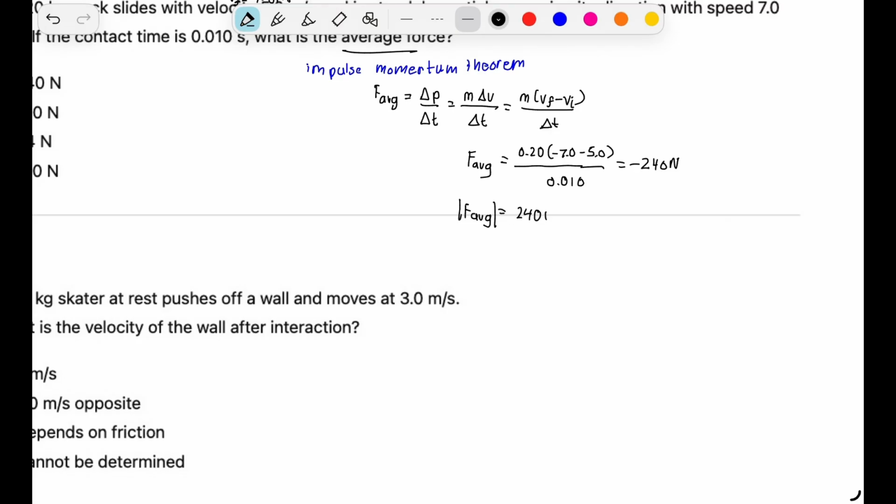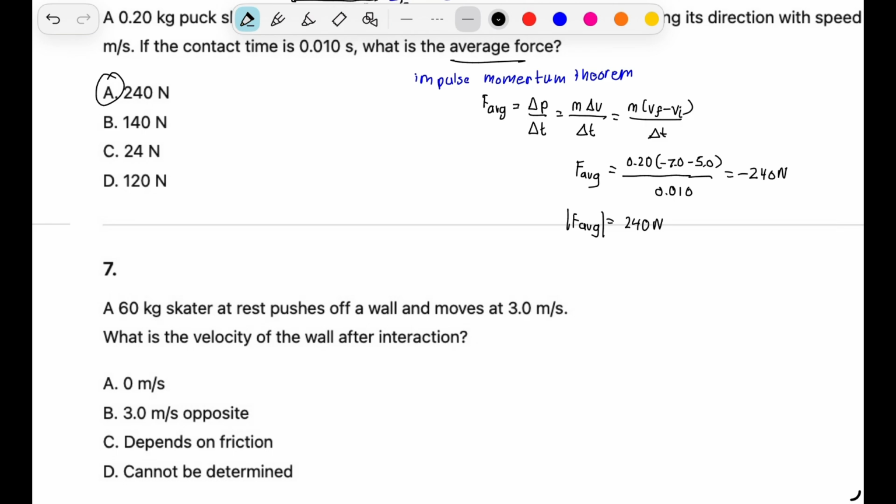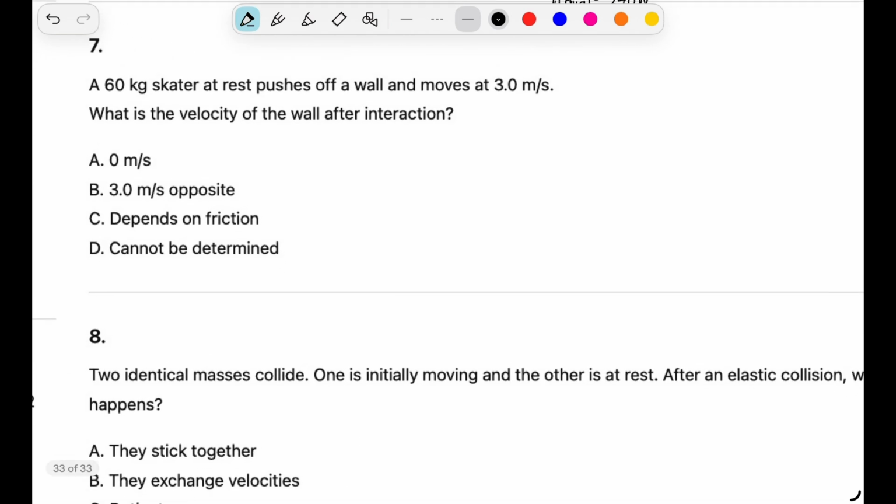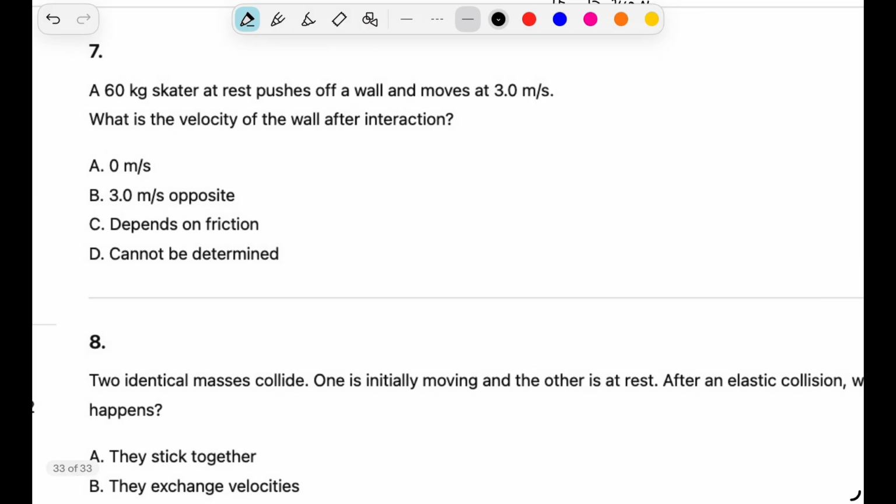That's 240 newtons. A 60 kilogram skater at rest pushes off a wall and moves 3.0 meters per second. What is the velocity of the wall after the interaction? So this is our wall, and the skater is standing like this, and then after this, the skater is going to push off of it and have a velocity.